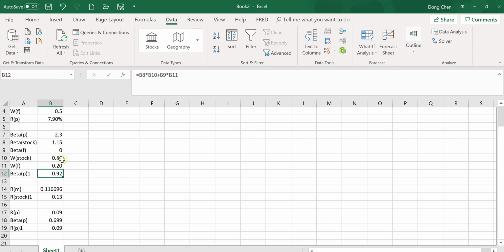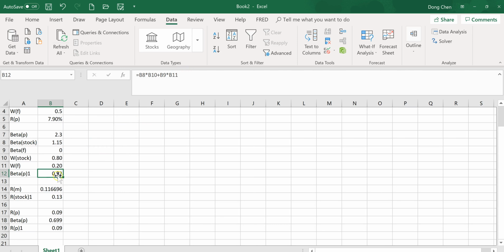Again, this is arbitrarily chosen. The weight on the stock was the answer for part B, but obviously this weight will change for this part. So now this becomes an arbitrary number. And plus B9. So B9 is the beta of the risk-free asset times the weight on the risk-free asset.